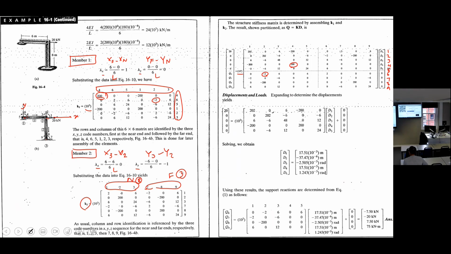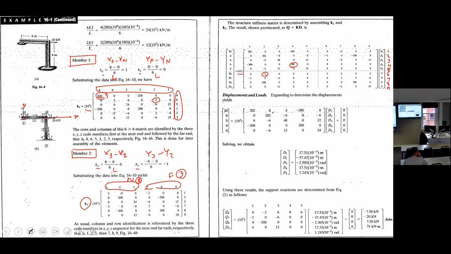Okay. Any cell in this 9 by 9 matrix can receive two different numbers from this procedure. But don't worry, if you need to put two numbers from two different iterations into a single cell, that's fine. They will add up together with their sign. It can happen here in the row and column number 2.